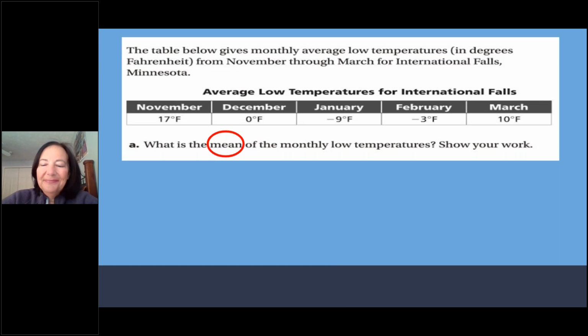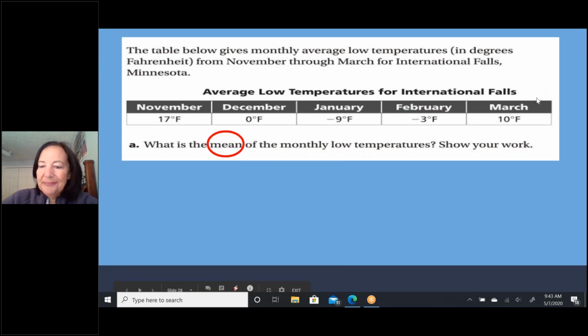I think it's in this book. Okay, the mean is the one that you do the most counting with, I guess.